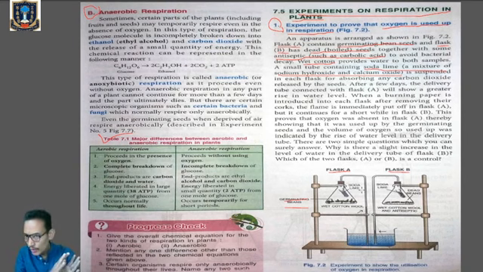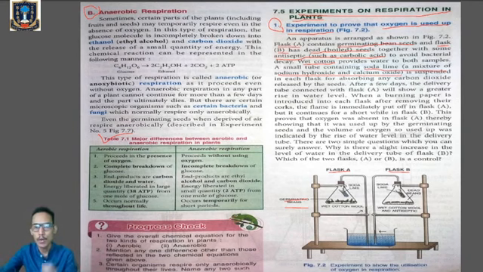Because if we do not use this antiseptic, then bacterial growth will be there on the dead seeds. Then those bacteria will respire and give out carbon dioxide. Then our experiment will be totally wrong, and we cannot come to the right conclusions. So in order to avoid the growth of bacteria on the dead seeds, we are using carbolic acid.